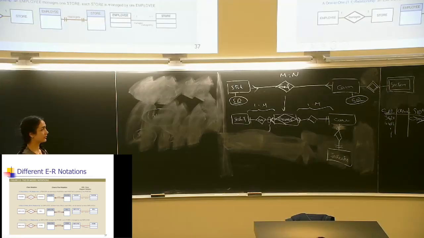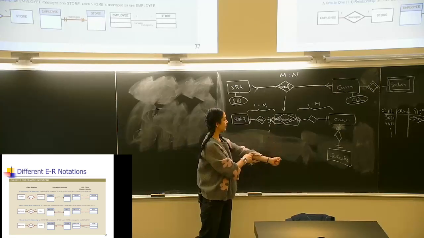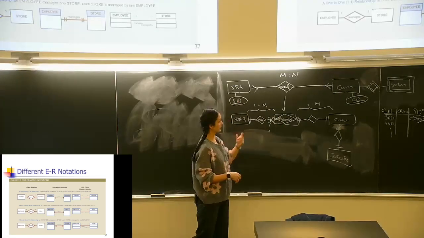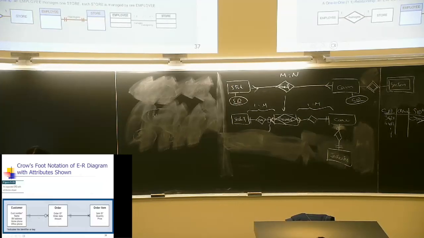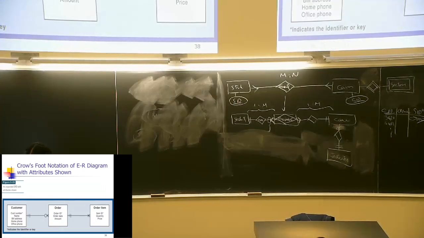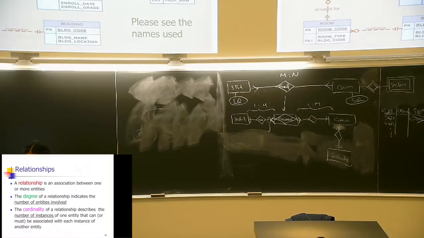If it is an associative entity, you show it like this, a diamond inside the rectangle, and so on. And representing the relationship and cardinalities like this. So this is the notation that we use in this course. And here is just the crow's foot notation, just in case you see it in some textbook or other places online.